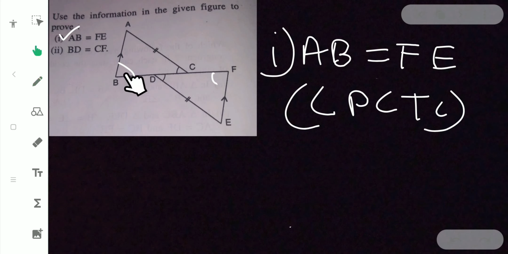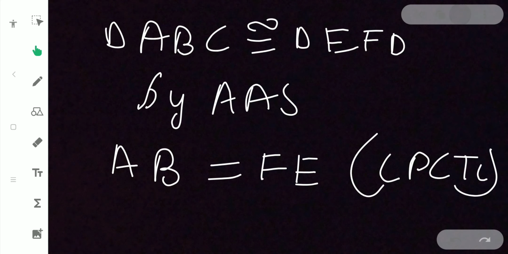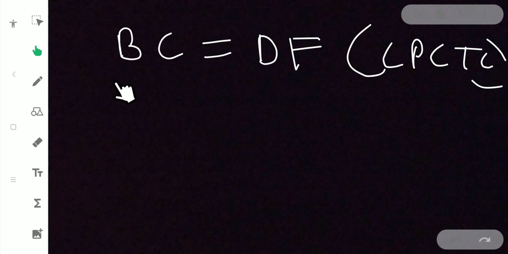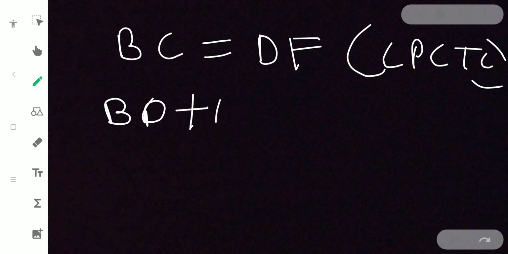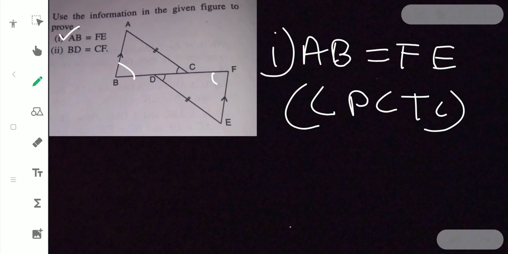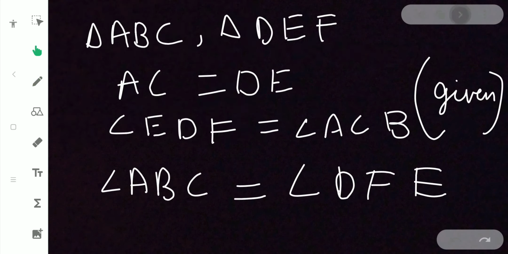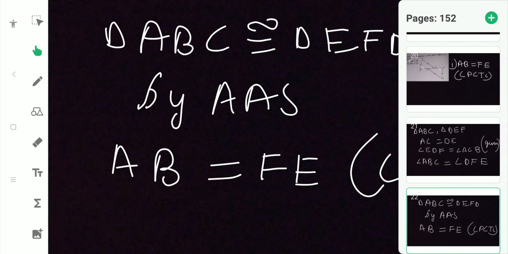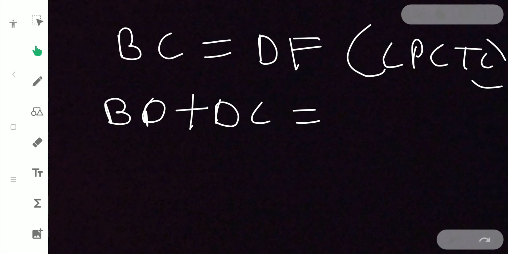Now what is BC actually? BC is nothing but BD plus DC, which is equal to DF, which is nothing but DC plus CF.